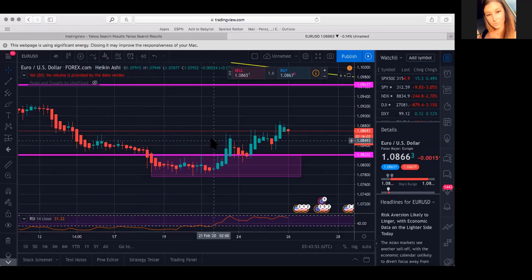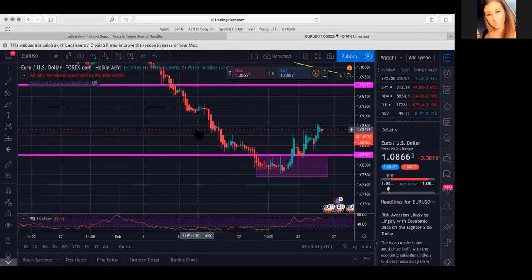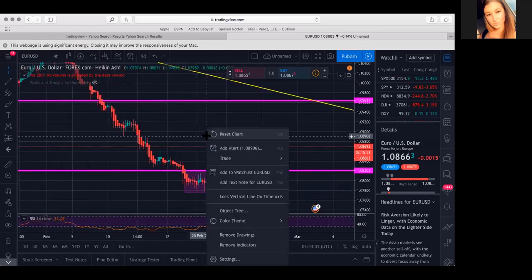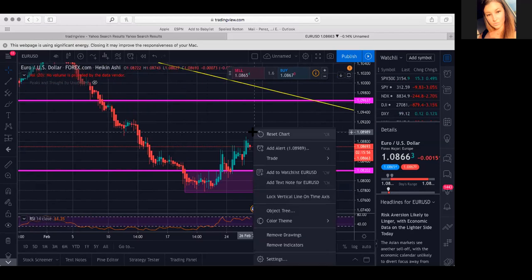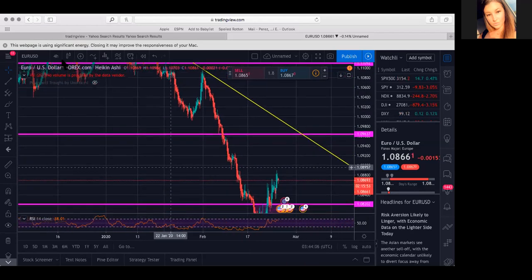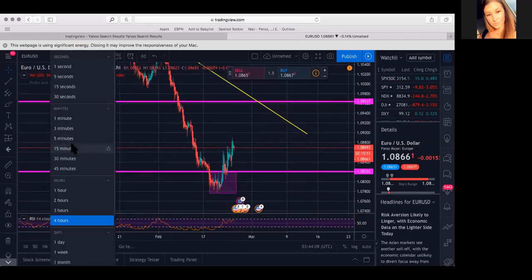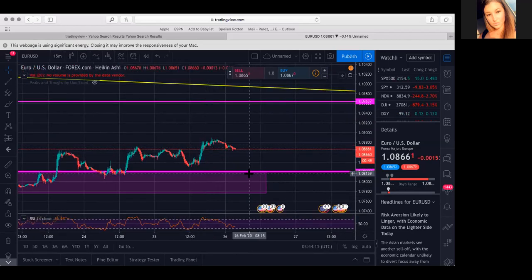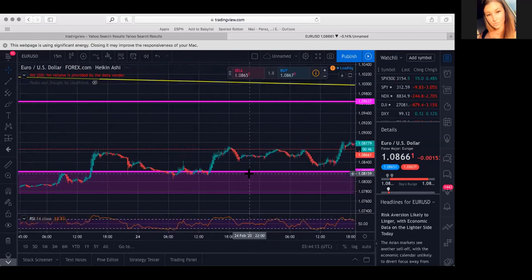But as far as doing stuff like this, I would definitely recommend using TradingView, just because you can zoom in, zoom out, and see the overall picture. Whereas if you're on the 15-minute chart in MT4, it looks way different.